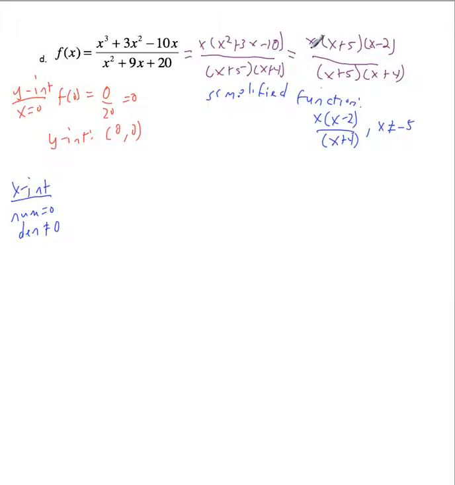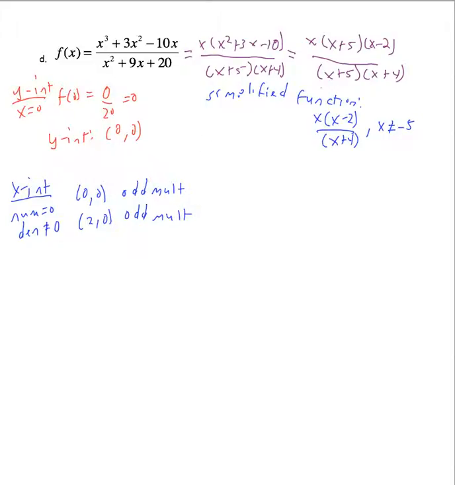We see when we have the factor x, that gives us the ordered pair 0, 0 with odd multiplicity. The factor x plus 5 does not give us an x-intercept because x plus 5 is a factor in the denominator, so negative 5 is not part of the domain. The factor x minus 2 gives us an x-intercept at the ordered pair 2, 0 with odd multiplicity.